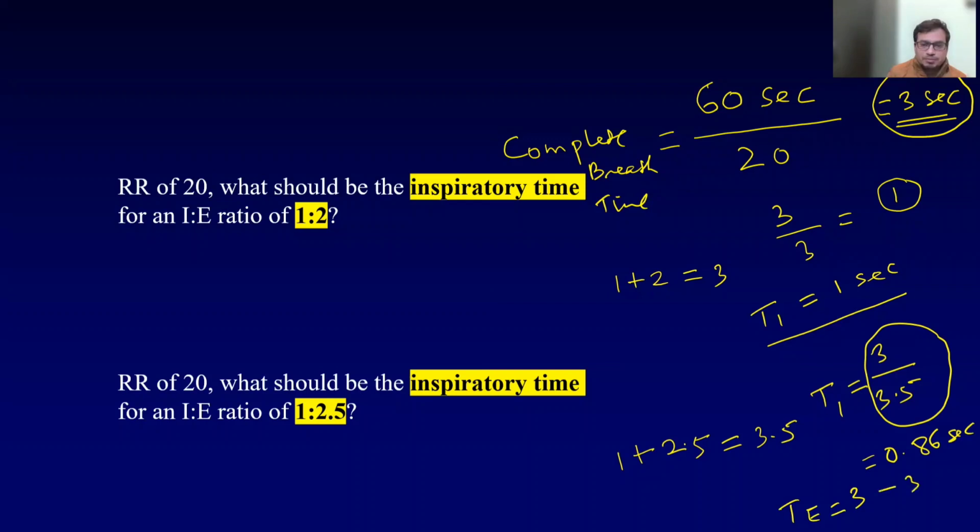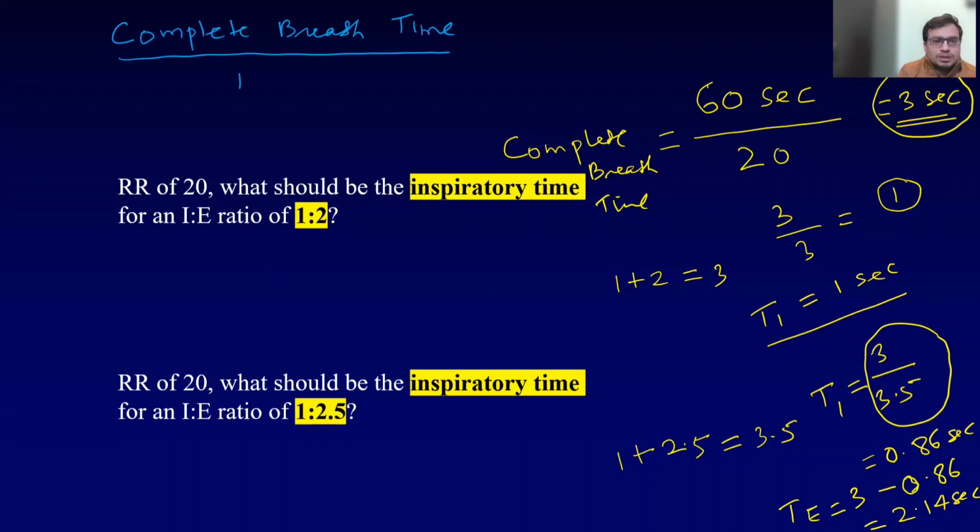So TE will be, the total breath time is 3 seconds, 3 minus 0.86. That will be approximately 2.14 seconds. So this is how you calculate. It's very simple. Total breath time upon I plus E will give you TI.